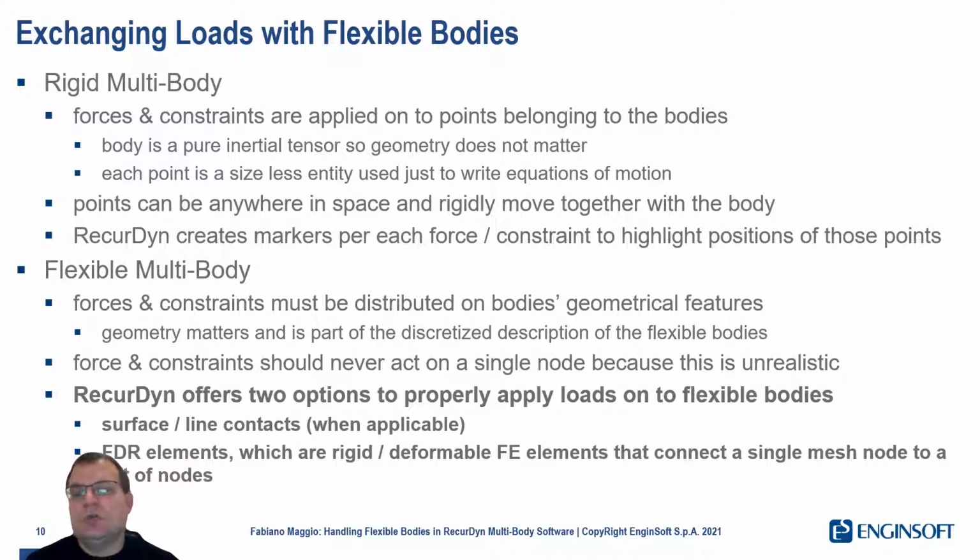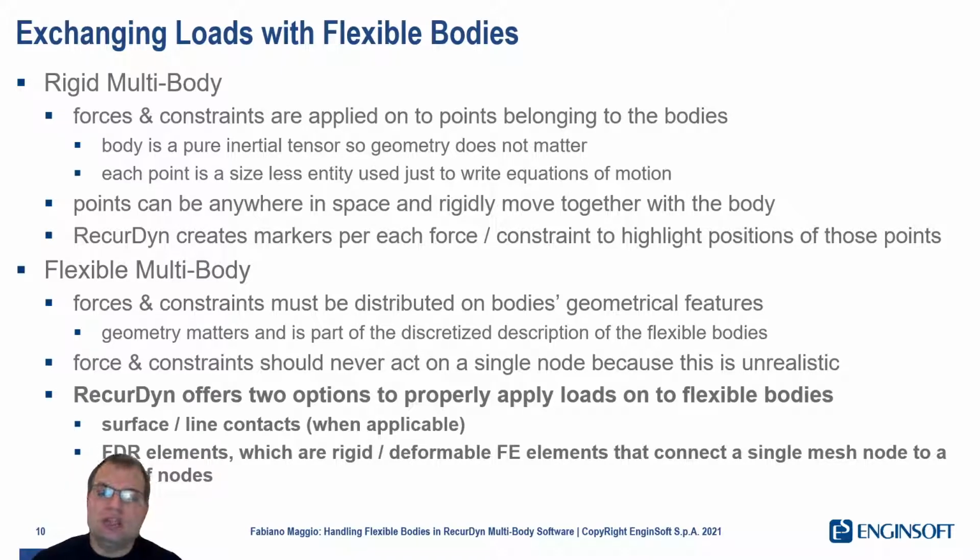In RecurDyn, we have 2 options to apply loads to flexible bodies. One is the use of contact, and this is the most intuitive because you just select areas or lines and you involve those areas and those lines in contacts. The second option is the creation of abstract supporting structures we call FDR in RecurDyn.